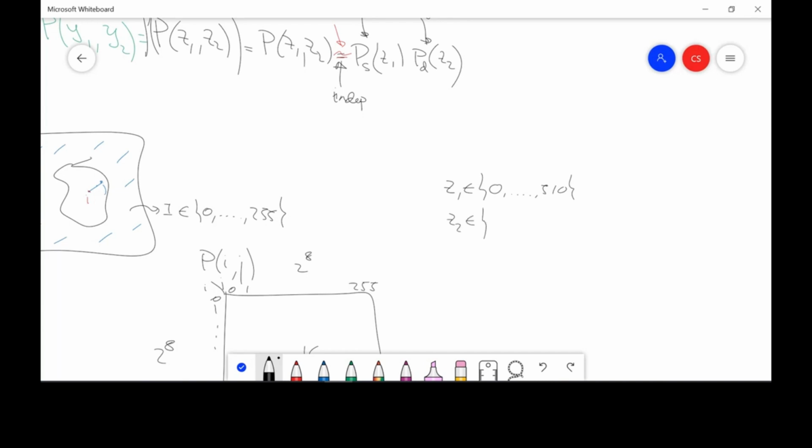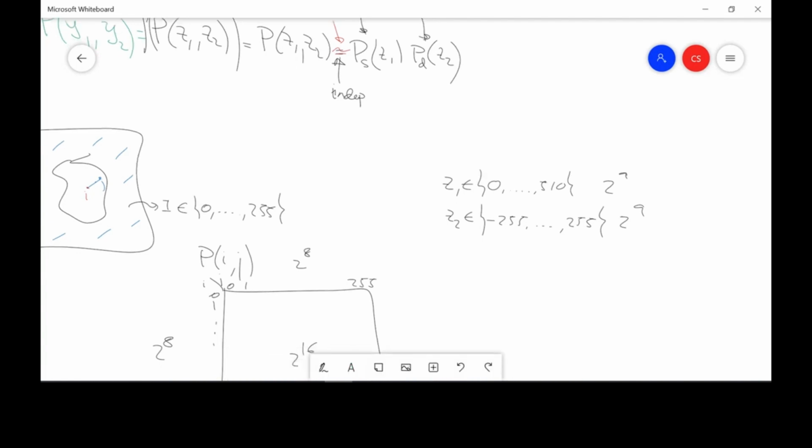The difference takes values from minus 255 to 255. No? That is the maximum range of the differences. How many bits do you need for that? 9, and here 2 to the 9. So you need 9 bits.